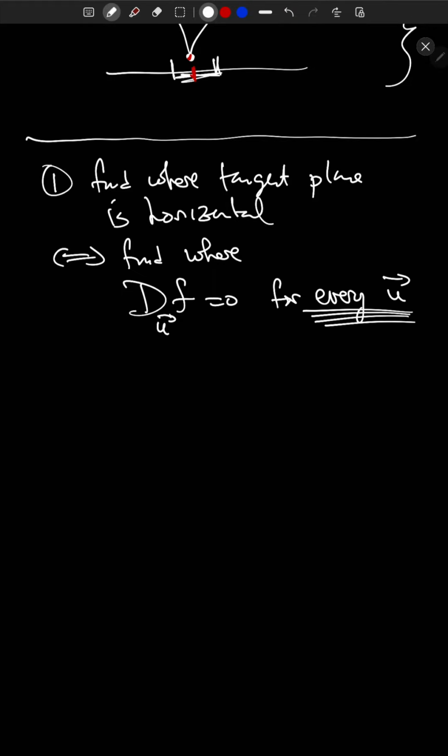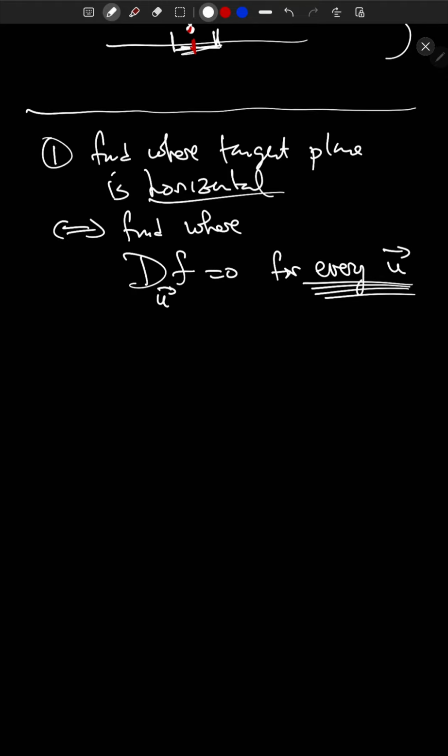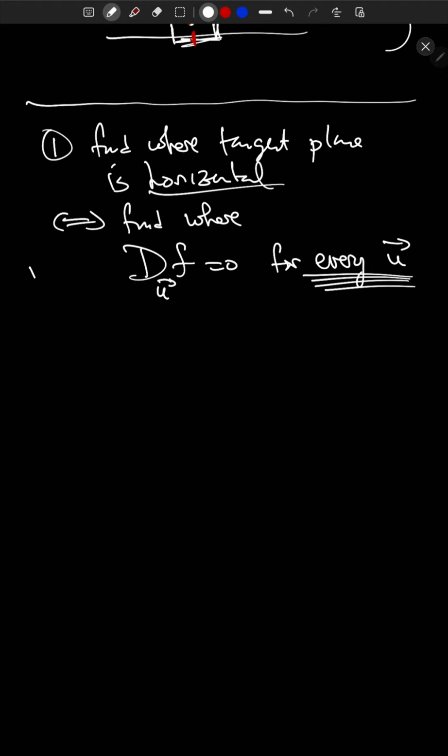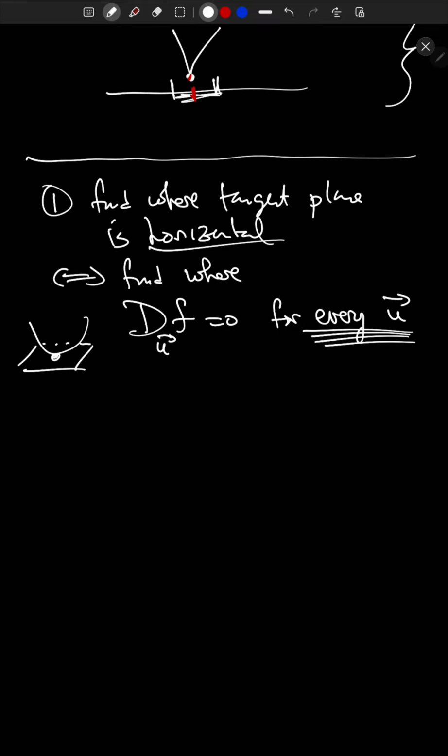So you want to look for points where you take the directional derivative in any direction, and your function is kind of stationary, right? Horizontal. Okay. So in terms of the picture, we're looking for points, you know, kind of like this, and the tangent plane here is horizontal. All right.